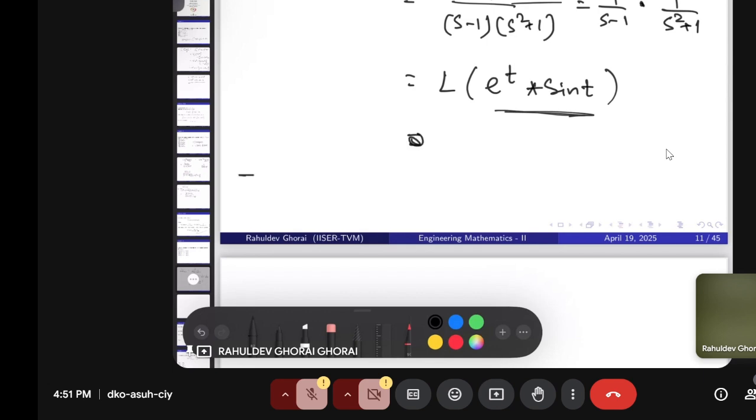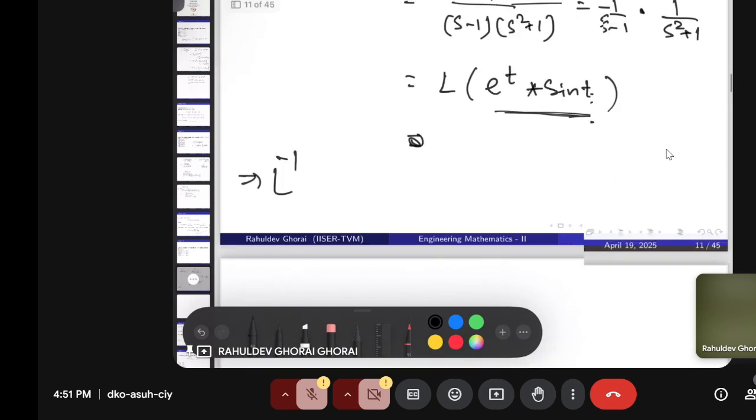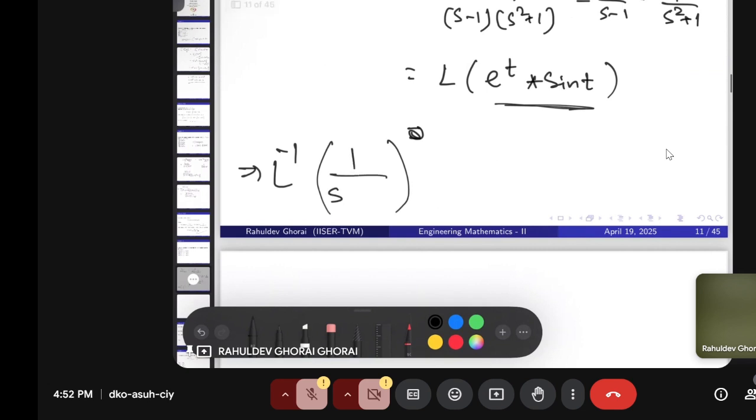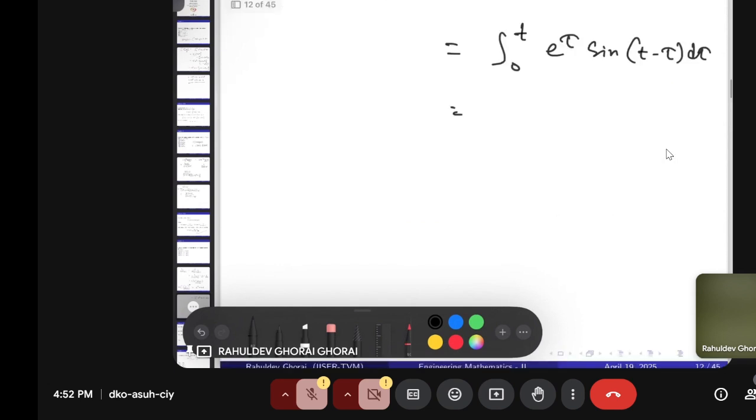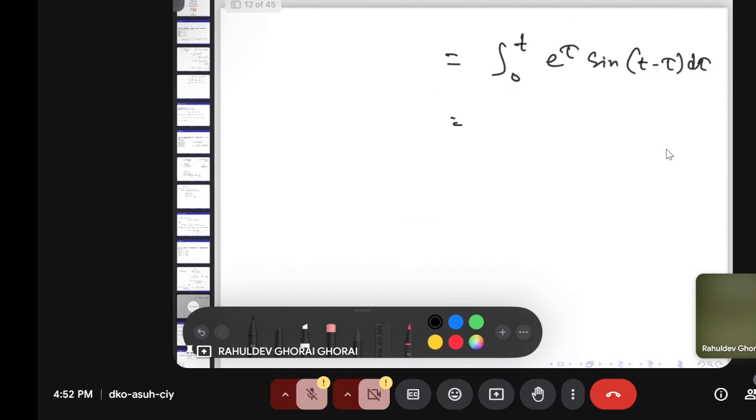So mainly the Laplace inverse of this whole thing given to you, 1 over s cube minus s square plus s minus 1, will be e to the power t star sine t, and you don't know this product explicitly if you don't do this. So it will be the integral of e to the power tau sine of t minus tau d tau.